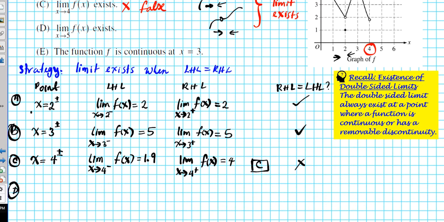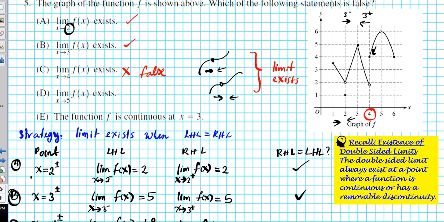So for option D, x is approaching 5 from the left and the right since we do not have any direction stated. Let's do the left hand limit first and see what it looks like. So we have this point right here. What is the y coordinate of the point that you are approaching?